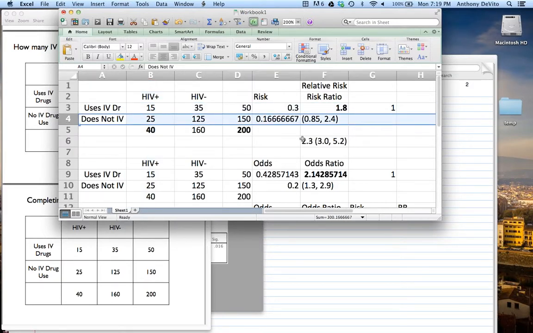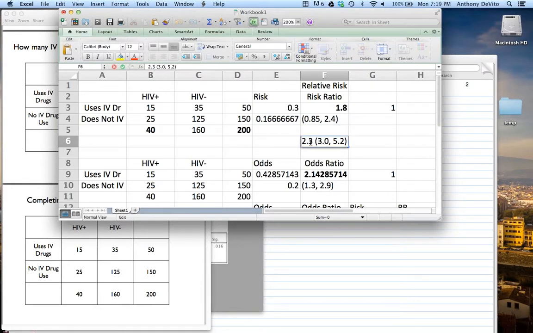So they might report the relative risk of being lead poisoned if a child is in older housing. The relative risk is 2.3. In other words, we calculated based on our sample that we're 2.3 times as likely to be lead poisoned if the child lives in older housing, with the confidence interval of, in this case, it has to be a number below this, 1.3 to 4.2, let's say.